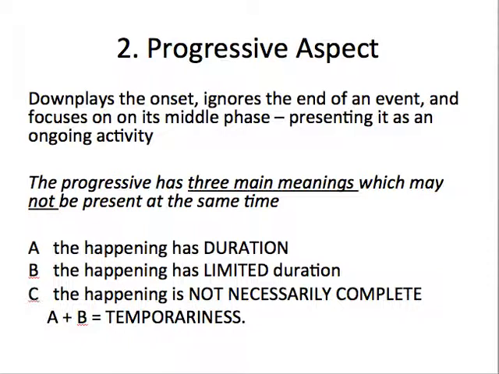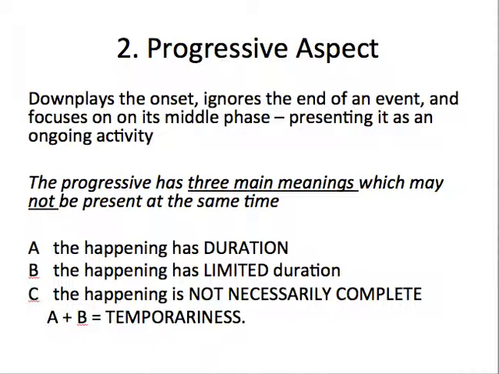So A, the happening has duration, okay? So it tends to extend the duration of the particular action, okay? I was drinking coffee seems to give it greater duration than I drank coffee if we think of a particular single event.